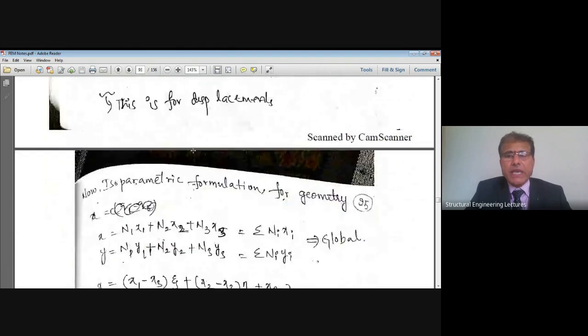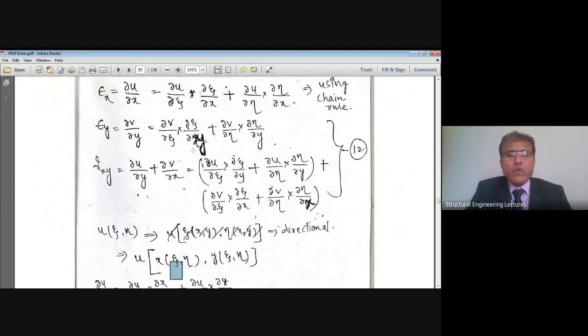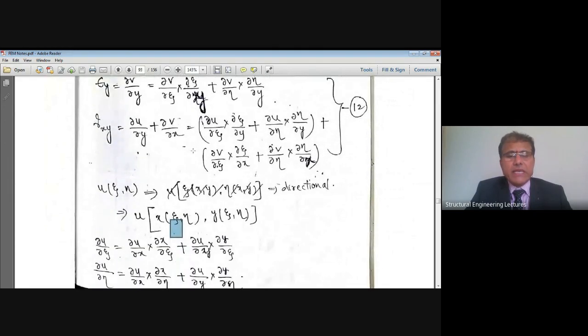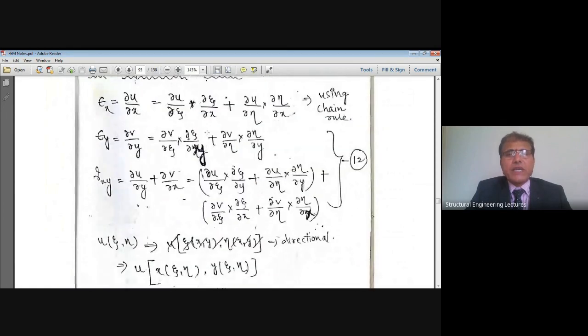By equation 8, as well as from equation 9, u, v, as well as x and y are directly functions of xi and eta respectively. Hence, I can differentiate this u directly with respect to xi, not with respect to x. However, I have a relation between local and global degrees of freedom, so I can differentiate them, right?